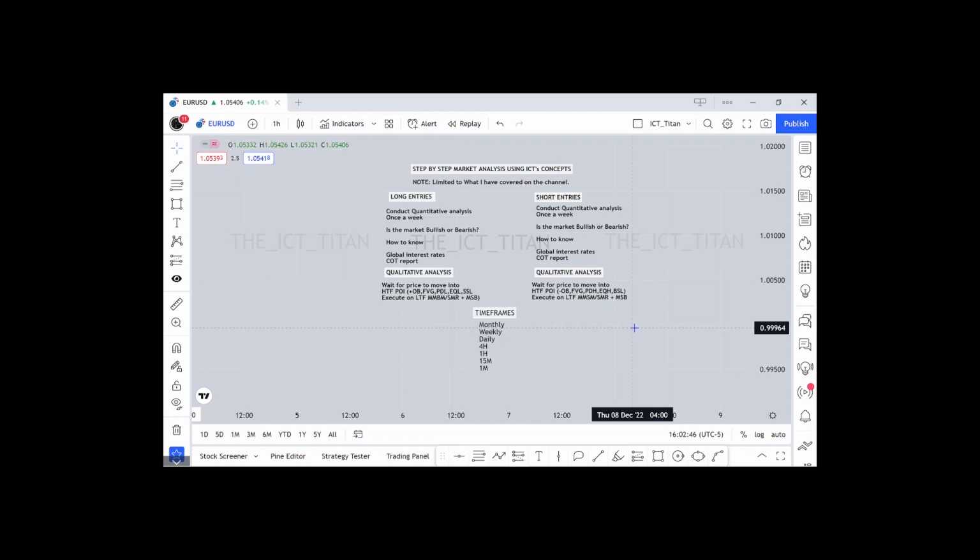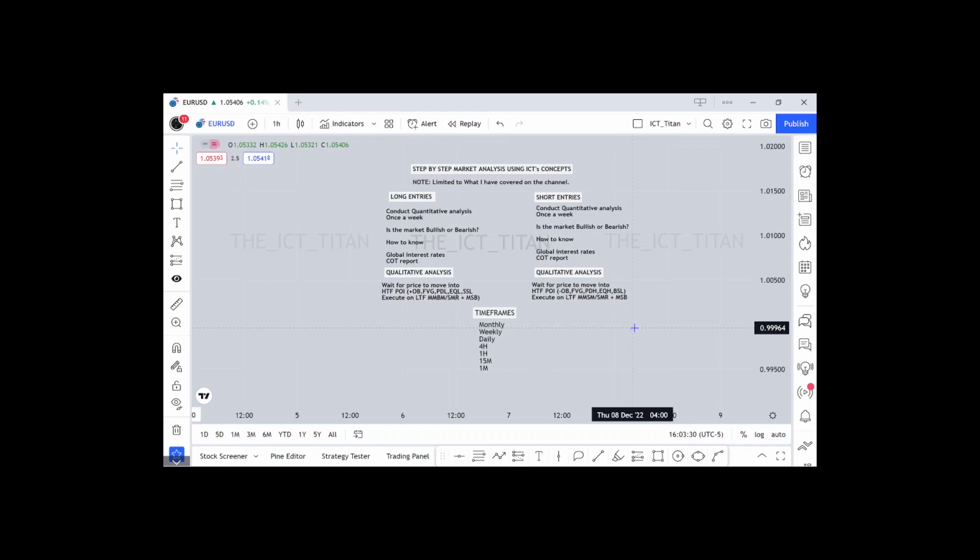For the qualitative analysis while going short, we wait for price to move into a higher time frame like the weekly, daily, or 4-hour, and we look for a bearish order block, fair value gap, previous day high, equal high, or buy side liquidity. We execute on the lower time frame like the 15 minutes or 1 hour, and we keep an eye on the market maker sell model, smart money reversal, and market structure break.